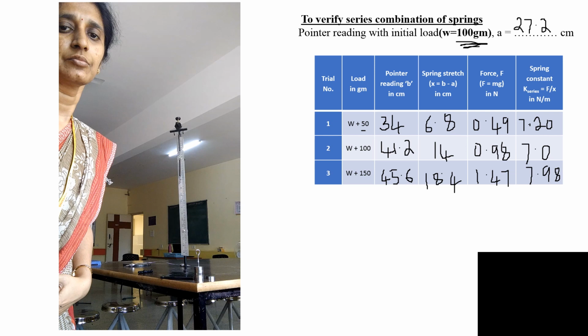So experimentally, K series comes out to be the mean of the K readings, that is 7.2 plus 7 plus 7.98 divided by 3.